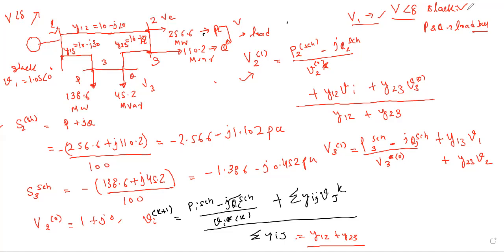Here it is, sir. Here one more formula we had written: V_i^(k+1) is equal to V_i^k plus alpha times (V_i calculated^k minus V_i^k), right?